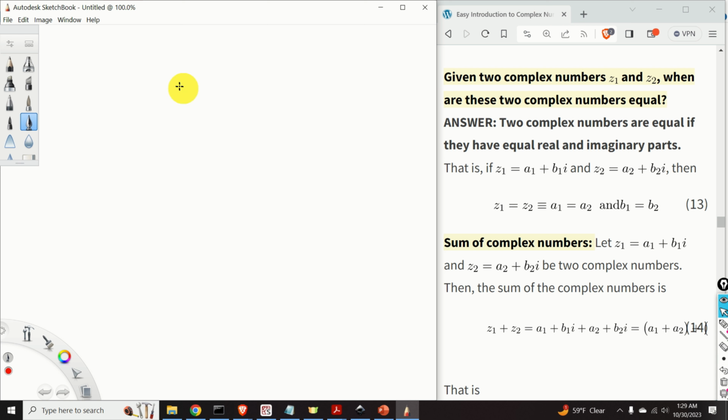For example, if I have a complex number z1 equal to a1 plus b1 multiplying i, and z2 equal to a2 plus b2 multiplying i, I need to ask myself: when is z1 equal to z2? Well, two complex numbers are equal if their real parts are equal and their imaginary parts are equal.